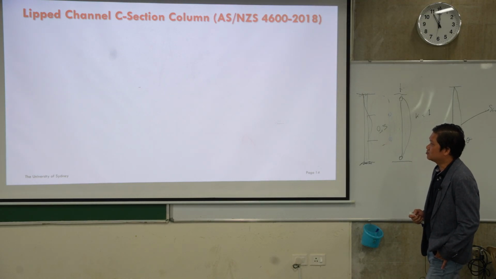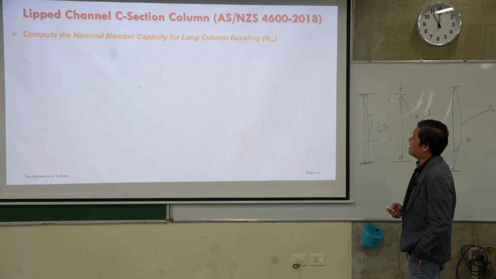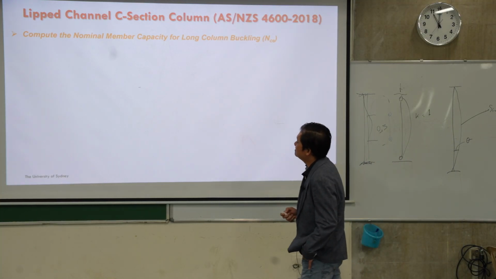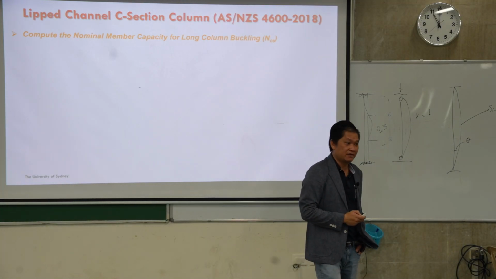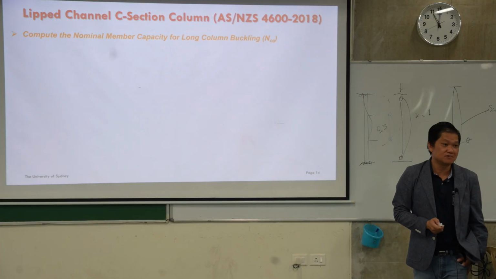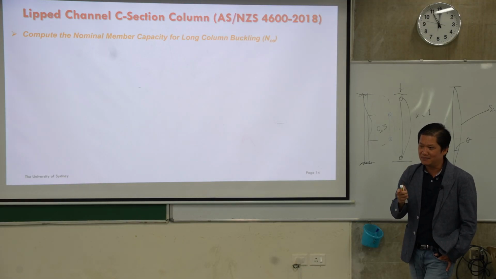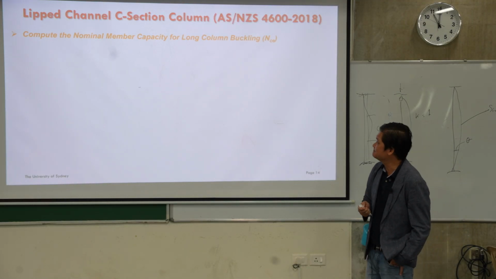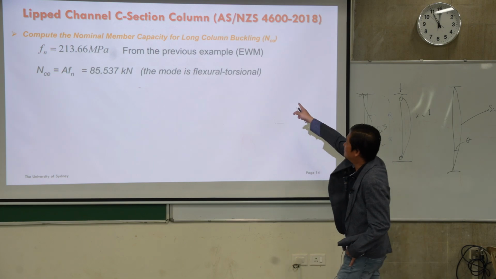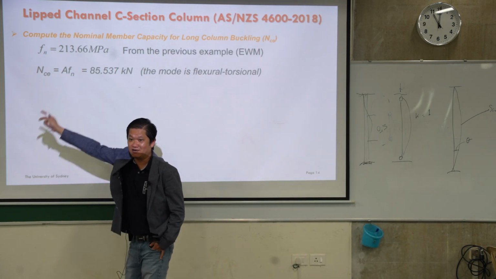All right, so you got those two. First, now we calculate the member capacity of the column. We did it already, remember, with the member capacity when we learned about effective width. So back to the previous one: remember Fn we got is 13.